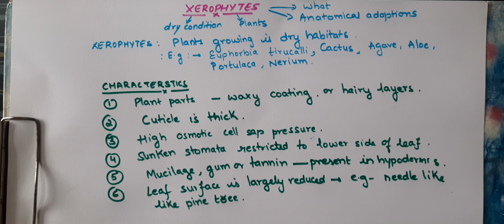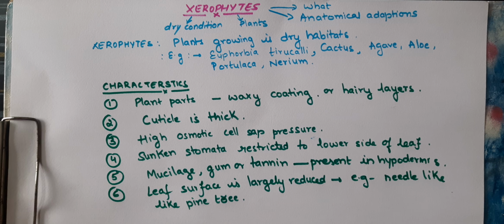To prevent that, the leaf surface is largely reduced, so that the amount of water required is also very little, okay, and that leaf surface is able to perform all the processes of photosynthesis, etc., so that it can survive and eliminate the need for excess water, okay.